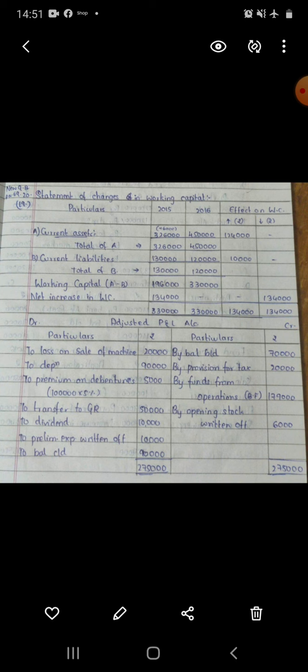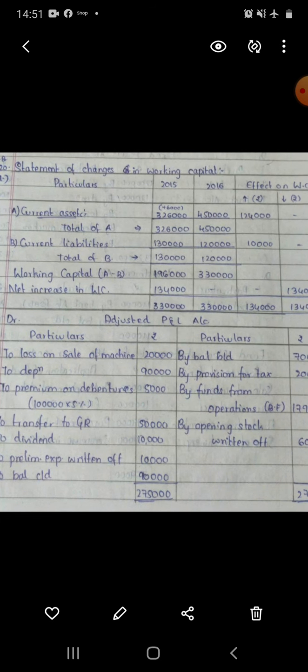Consider provision for taxation and proposed dividend as a non-current liability, so no need to consider them under the calculation of working capital. Show the workings clearly. Okay, first we need to find out the changes in working capital. How to find out the changes in working capital? Current assets minus current liabilities. Okay, see the current assets.